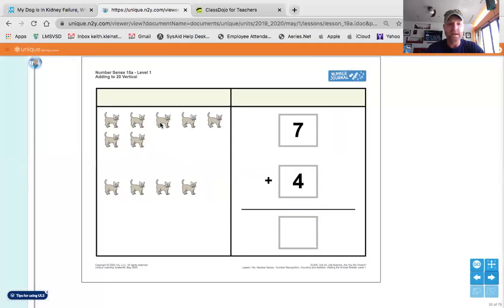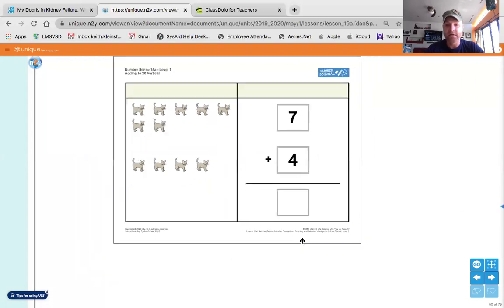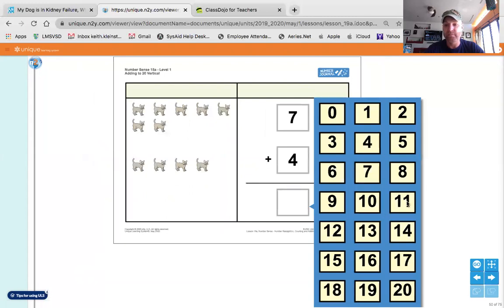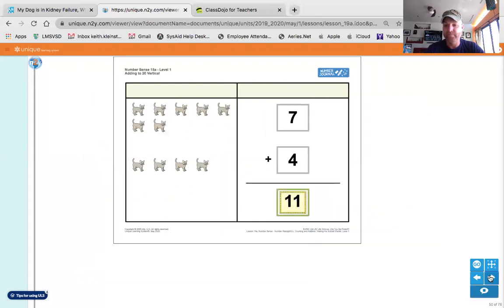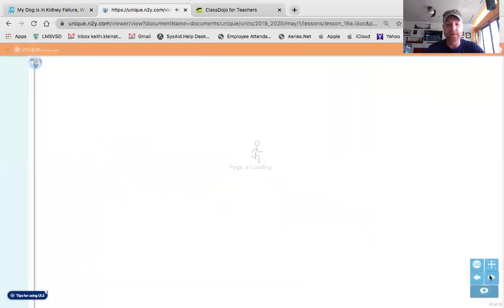Okay, so we have 7 cats plus 4 cats. So let's start at 7, go 8, 9, 10, 11. Find the number 11.